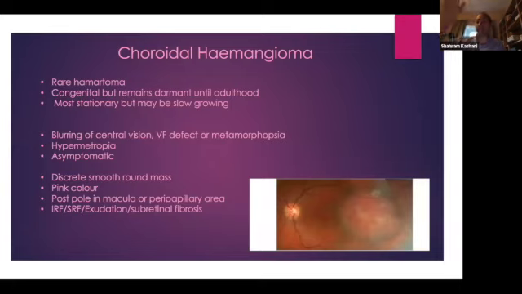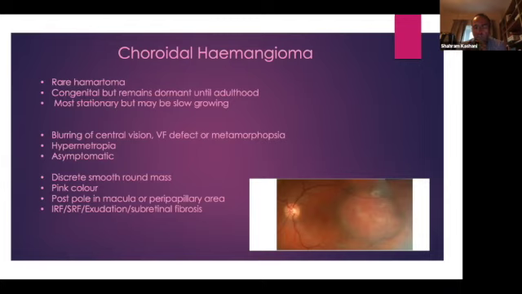Sometimes it can be a bit deceiving because you don't really appreciate the dome, but again, you do a macular scan, you can see it. It's a hamartoma again, which is a bunch of non-cancerous cells, and it's got a mixture of normal and abnormal tissue, and you see it as a growth. It is congenital, but it can remain dormant until adulthood.